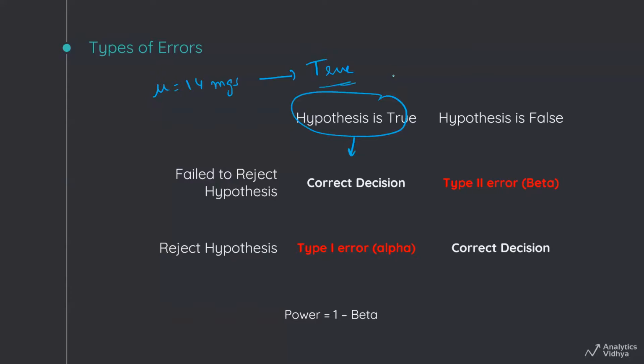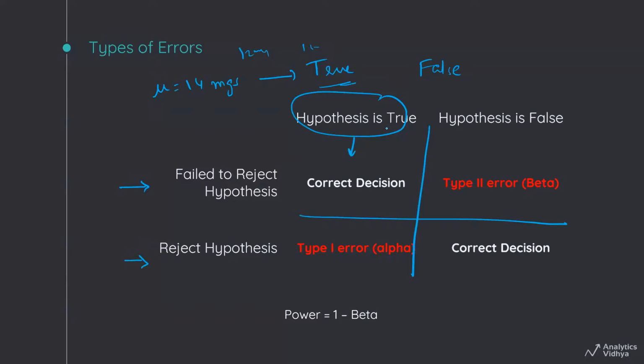But if my assumption is wrong, and the 14 milligrams is not correct but it is somewhere around 12 milligrams or 16 milligrams, then my null hypothesis itself is false. So under these 2 different conditions, we have 2 possibilities: either we fail to reject the null hypothesis or we reject the null hypothesis. Okay. Now this gives us 4 cases.